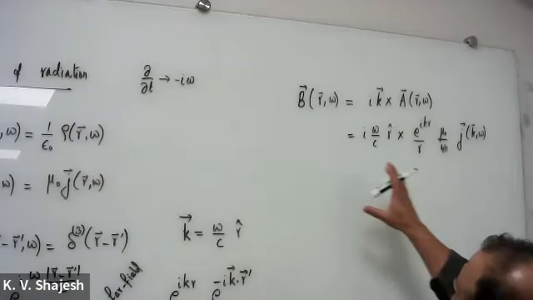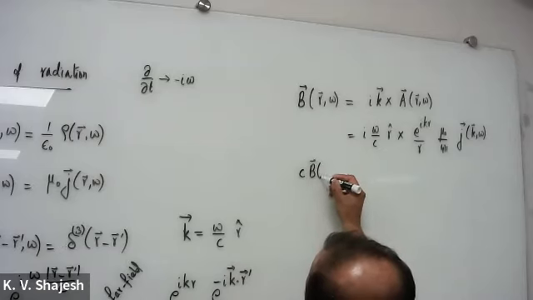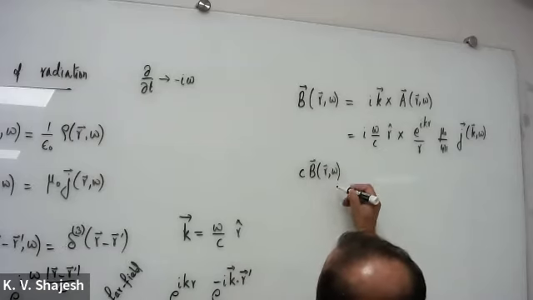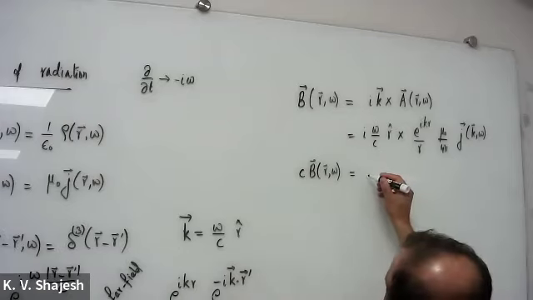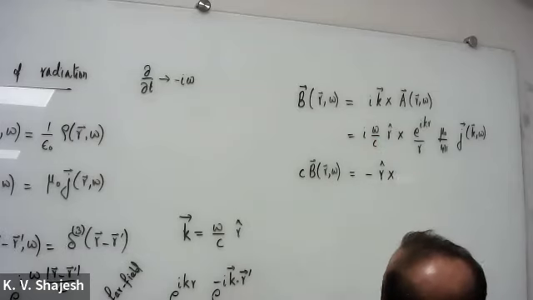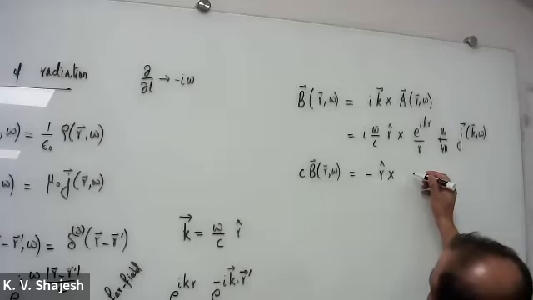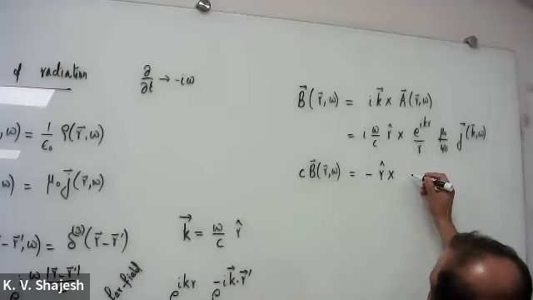It will be convenient to write this as c times B of omega is equal to, I'll put a minus sign in here, r hat crossed with e raised to i k r. I multiplied by a c so that I accommodated here mu naught c over 4 pi.